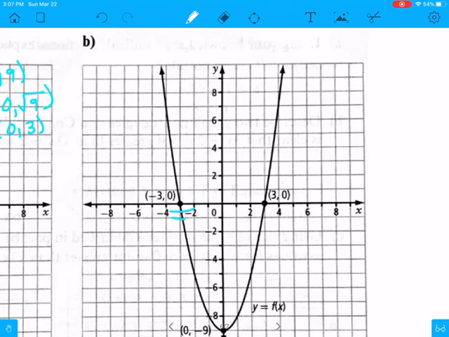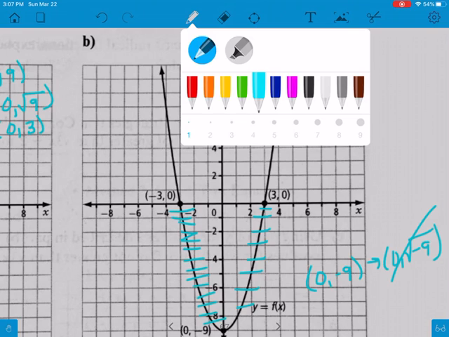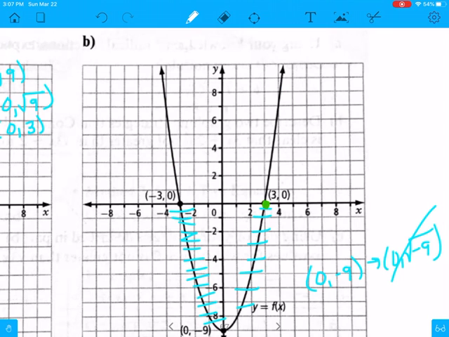So all of these are going to go away. These are all negative y's. Gonzo. Like here, 0, negative 9. 0, comma, negative 9 is going to become 0, comma, square root of negative 9. Can't square root negative 9. Not going to get a point. So all these y's, where y's are negative, are going to go away. Where y equals 0, it's going to remain invariant because the square root of 0 is 0.